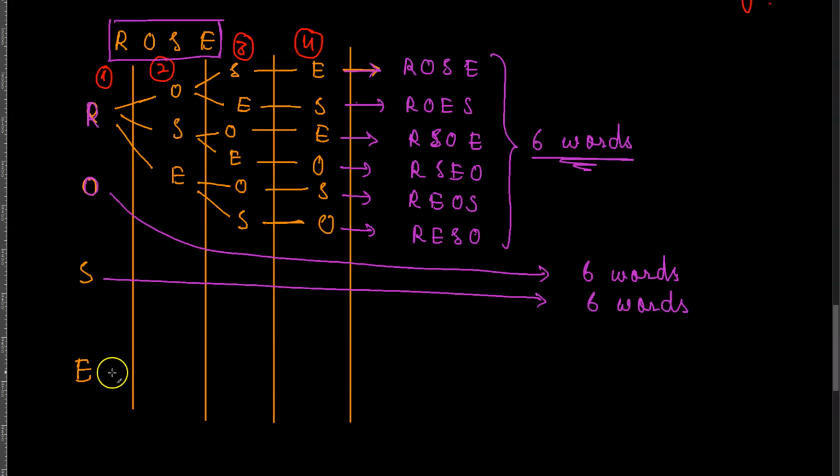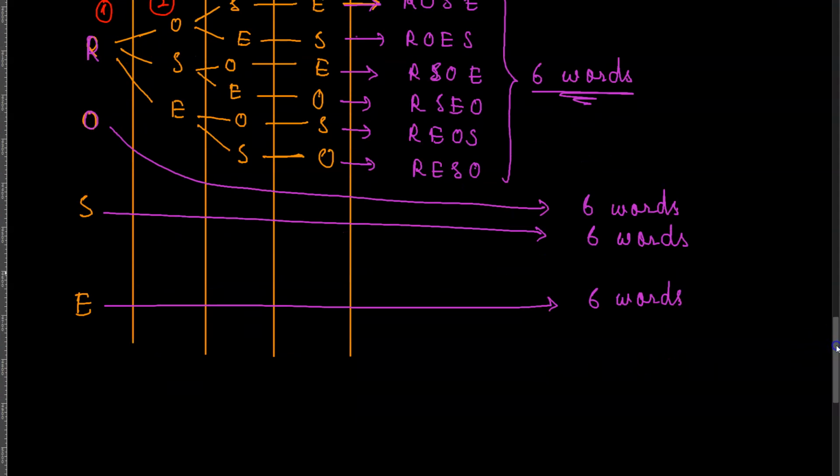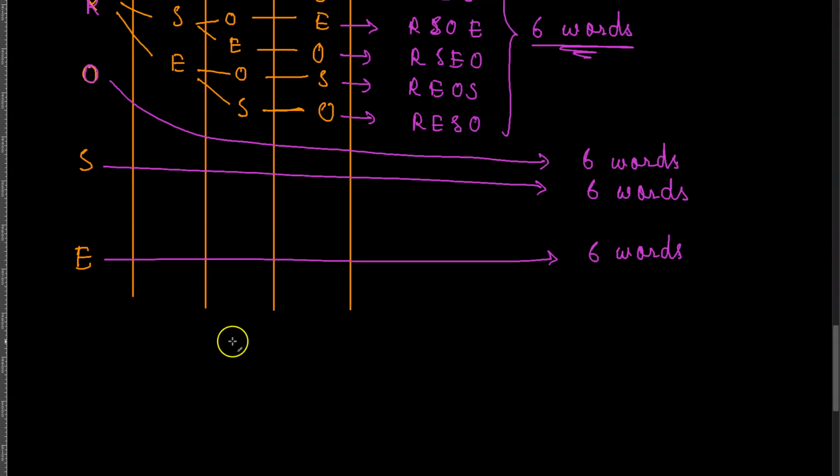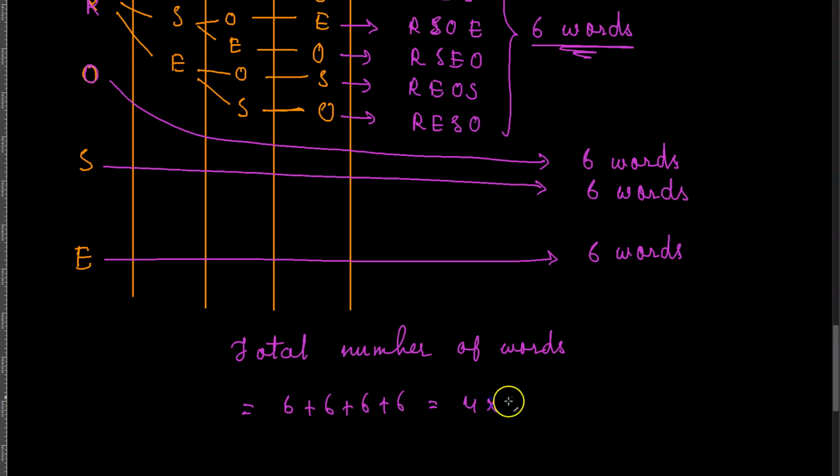If I start with an E, I will be able to create another 6 words. That means that the total number of words that I can create here would be equal to 6 plus 6 plus 6 plus 6, which is equal to 4 times 6, which is equal to 24 words in total. Right?